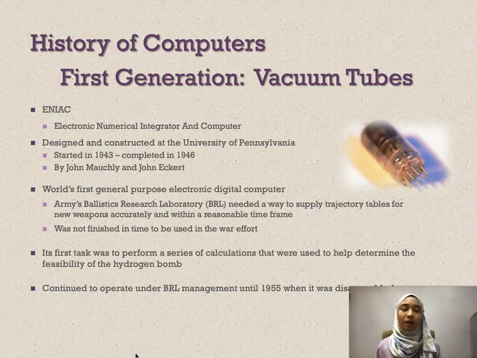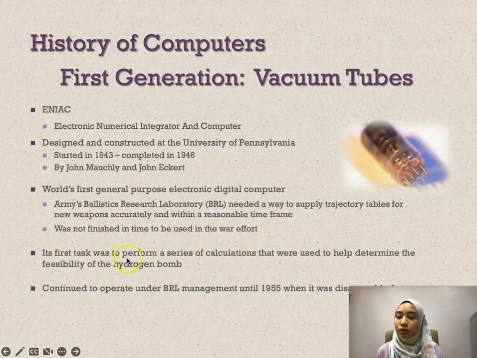So why was ENIAC invented in the first place? It was to help the ongoing war at the time. However, ENIAC was quite late to be finished, so it could not help the war by predicting the trajectory of weapons. It was supposed to help in that sense, but it was not finished in time to be used in the war effort.